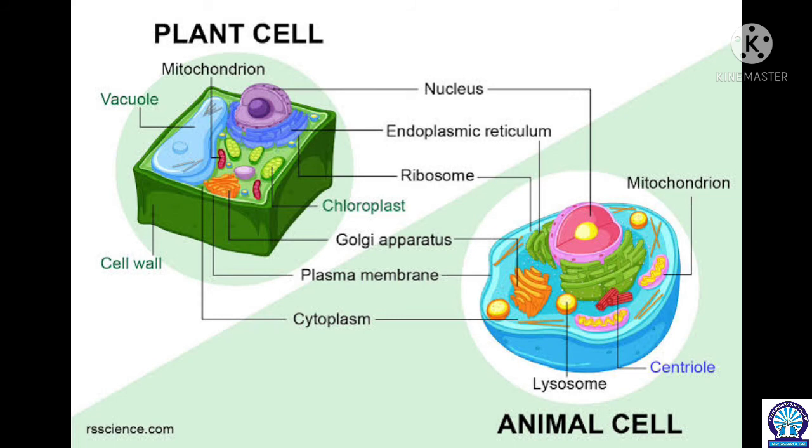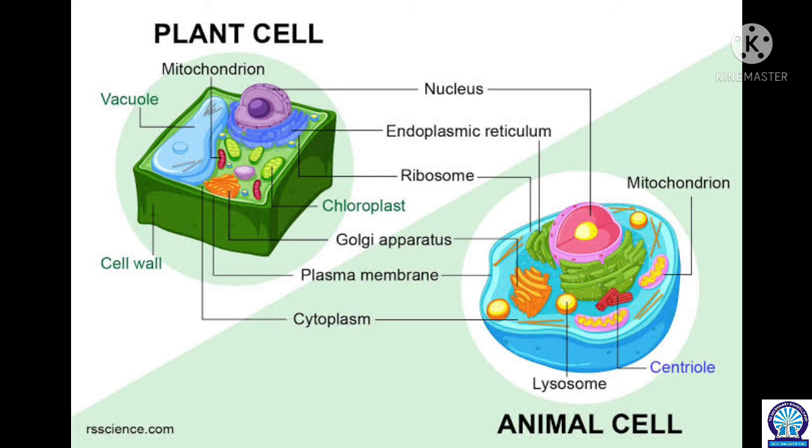Such organelles are seen in both cells. The centrosome, an organelle seen in animal cells, plays a major role in cell division. Lysosome contains digestive enzymes that are required for the destruction of foreign substances entering the cell. These are the functions of these two organelles in animal cells.